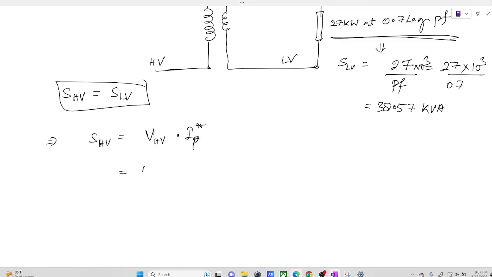The high voltage is 960. Please calculate.